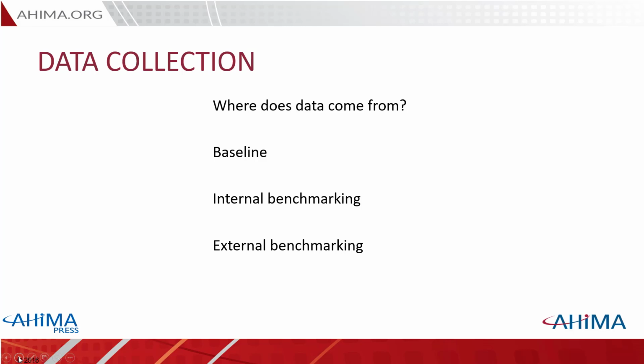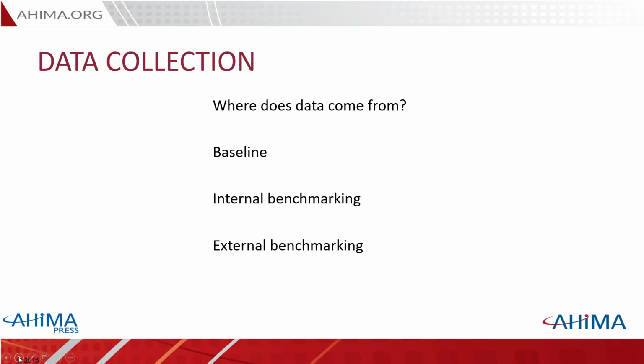So when internal benchmarking is done, the organization compares new findings to the established baseline to determine success or failure. So that's internal benchmarking. In external benchmarking, we compare our organization's performance to other organizations that are performing the same types of service. So those are external comparisons.